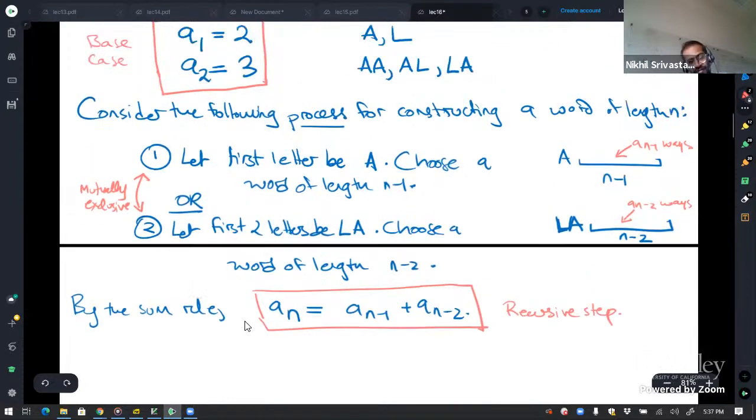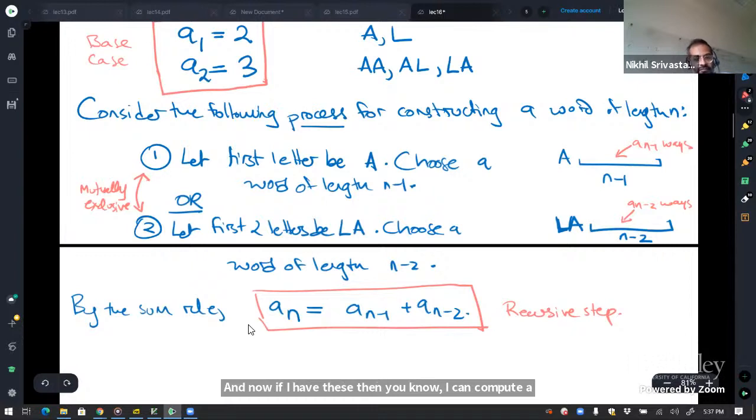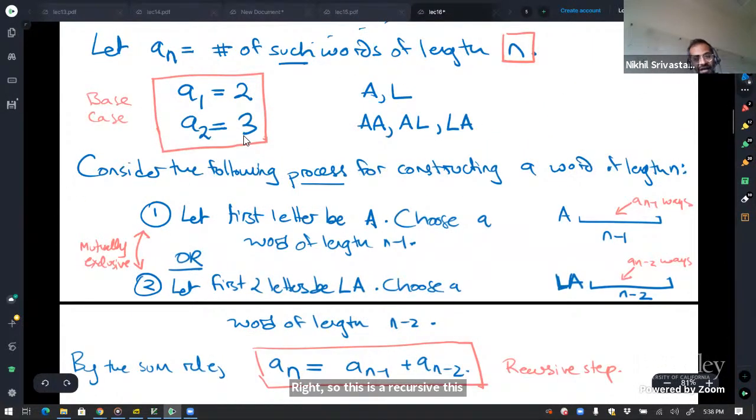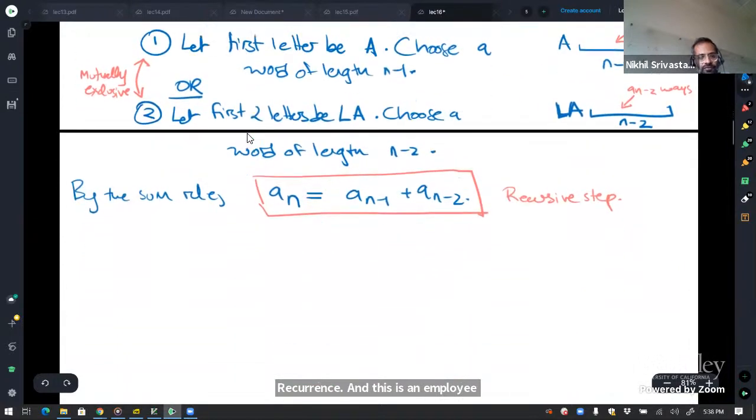And now if I have these, then I can compute A of 100 relatively quickly. I mean, not that quickly. I have to do 100 little arithmetic operations, but that's a lot faster than listing all the words. Right? So this is a recurrence, and this is an implicit solution of the counting problem, right?